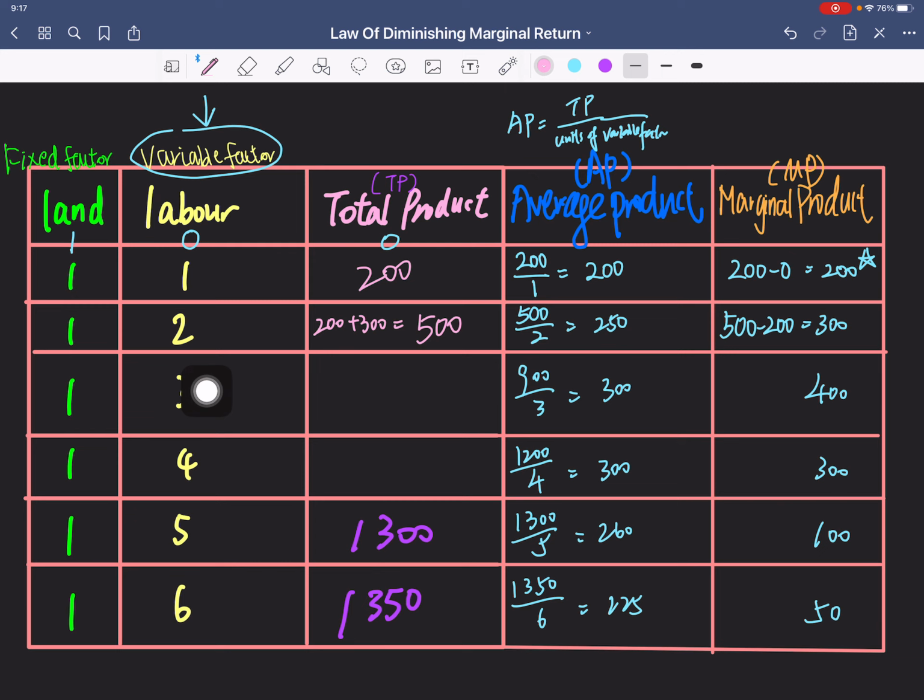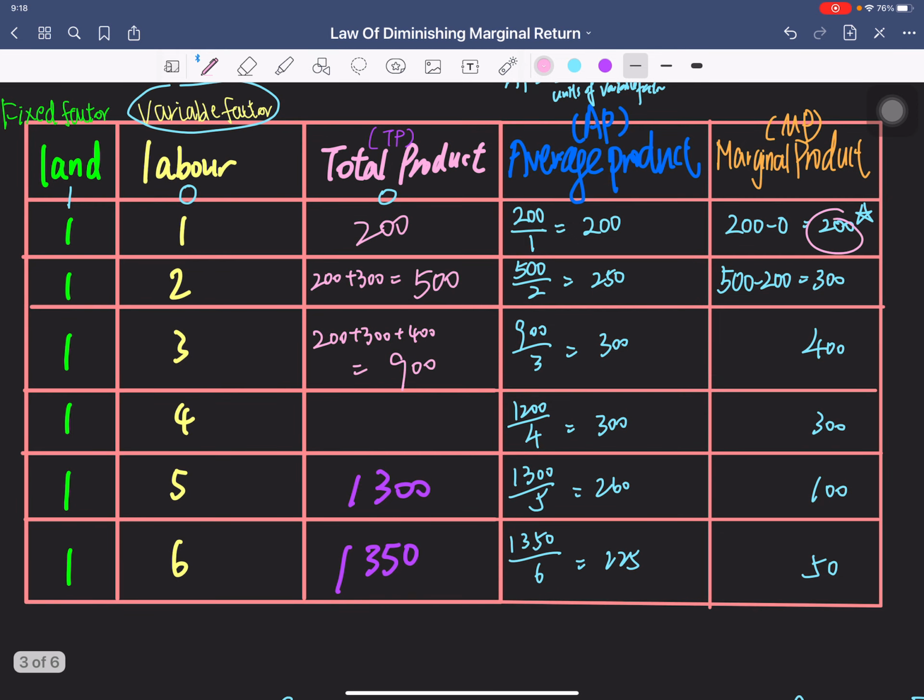When the third unit of labor is added, we calculate the total product and the gain is our marginal product. It is the whole team, not just this worker. So 200 plus 300 plus 400, that's 900. We are adding this one and this one to get this number.